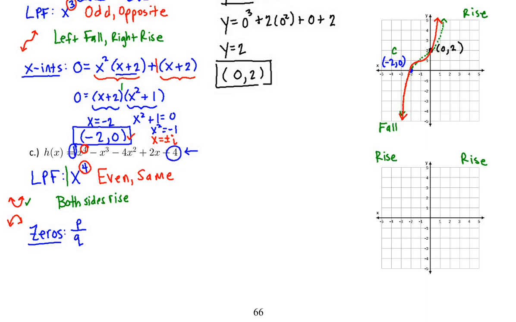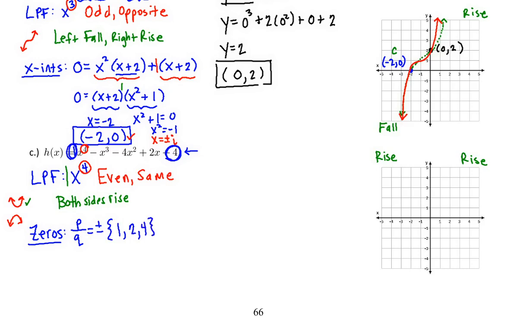Now, this is that easier case scenario where our leading coefficient is 1. So we'll take all the factors of 4, put them over 1, which really just leaves us with all the factors of 4. So possible rational zeros would include positive and negative 1, 2, and 4.